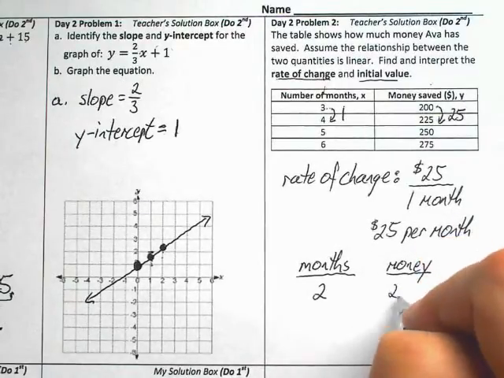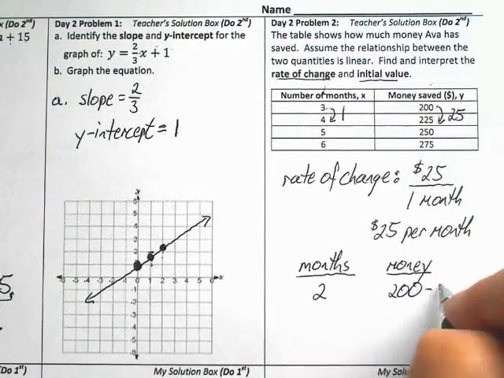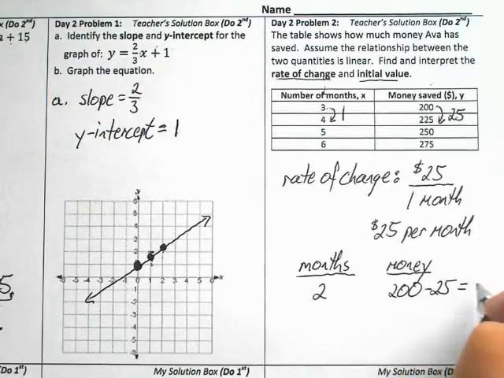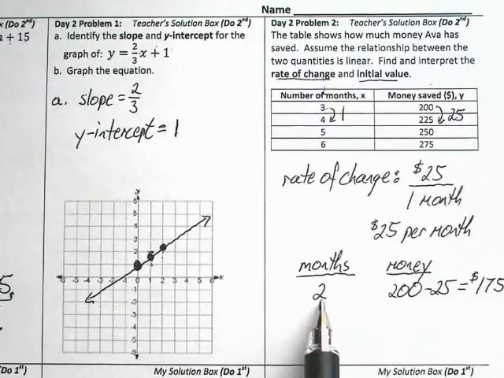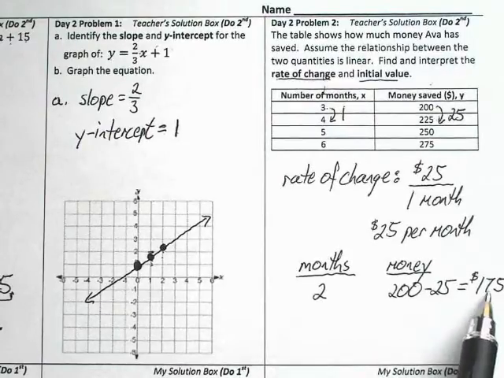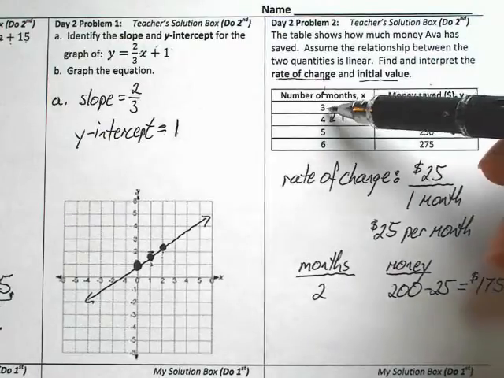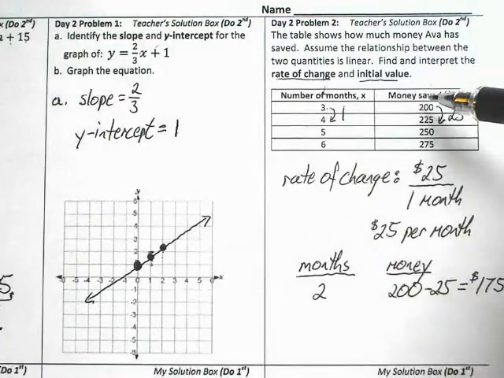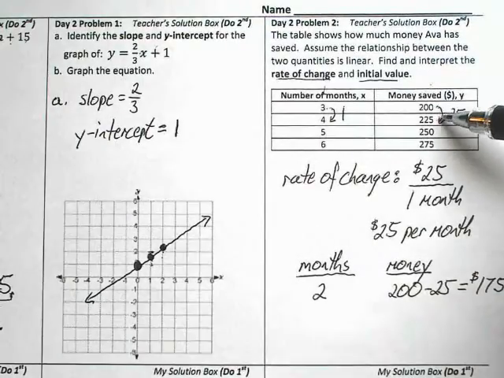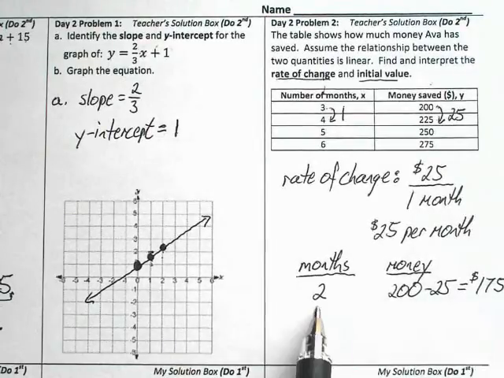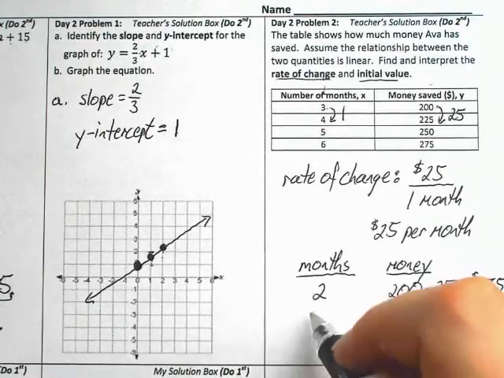So $200 subtract 25 is $175. After 2 months of saving money, she had $175. And then after that next month, after the 3rd month, now she's up to $200, and she continues from there. Now, let's work backwards one more time.